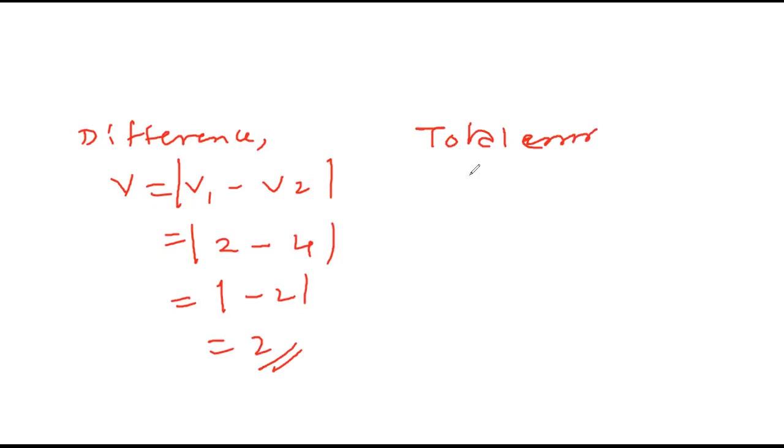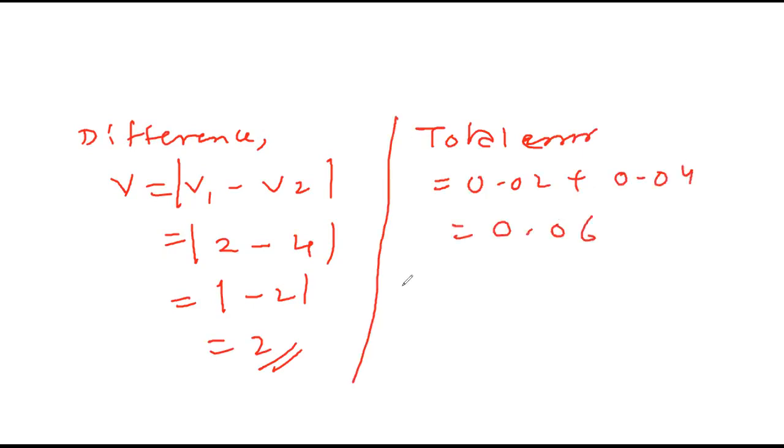So total error will be 0.02 plus 0.04 equals 0.06. So when you are subtracting, the volume will be by the operation, 2, and then error is always added. So remember, whenever we add or subtract, error is always added. The actual operation is the way it is given; for error, always addition. Any doubt?